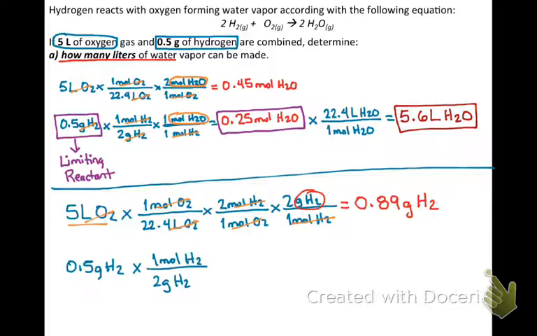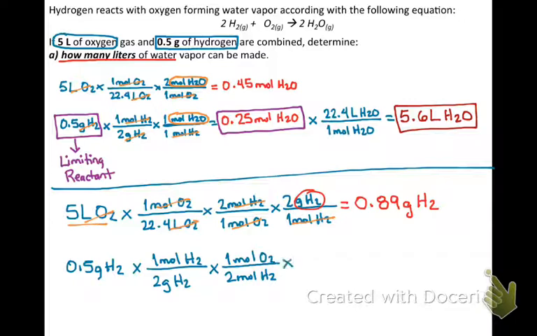Then I use the mole ratio, but it will be upside down, so I can cancel the units I need to cancel, that in this case is moles of hydrogen. Here we have 2 moles of hydrogen that require 1 mole of oxygen.